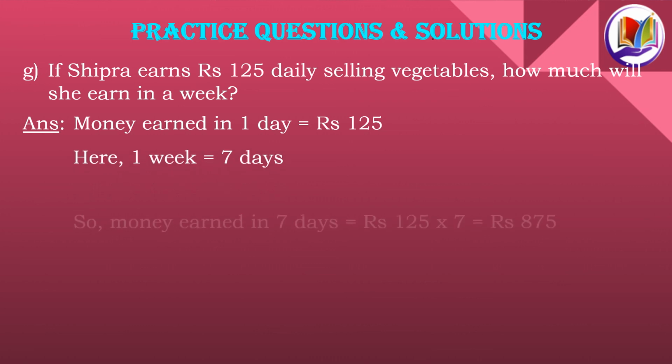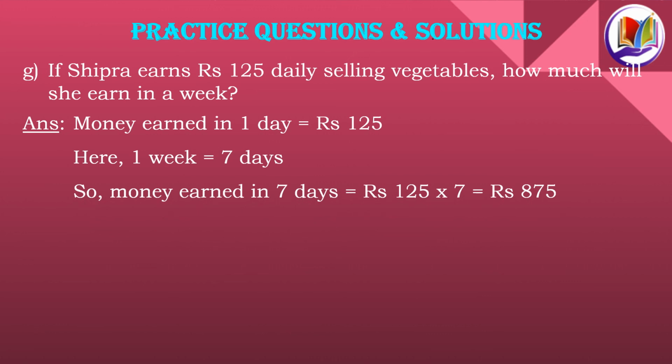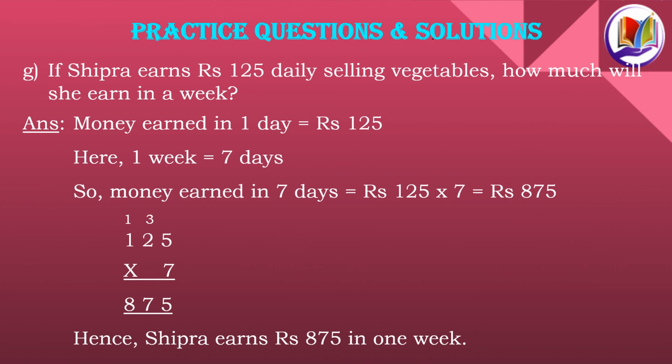So, money she earns in 7 days equal to rupees 125 multiplied by 7. Whenever we have to find more, we multiply. That's equal to rupees 875, the calculation of which has been shown below. Hence, Shipra earns rupees 875 in 1 week.